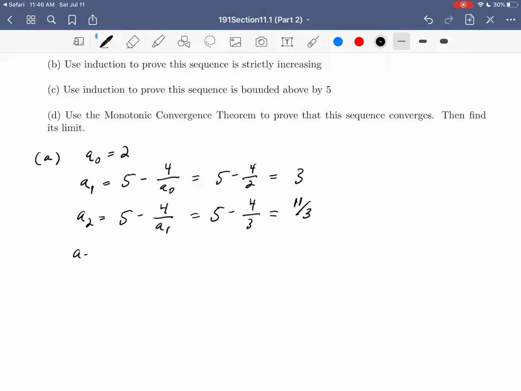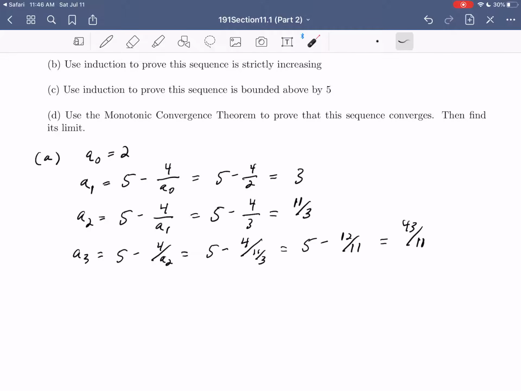And then a sub 3 would be 5 minus 4 over a sub 2, which would be 5 minus 4 over 11 thirds, which I guess would be 5 minus 12 over 11. So 55 minus 12, I guess that's 43 over 11. So this guy goes 2, 3, 11 over 3, 43 over 11.